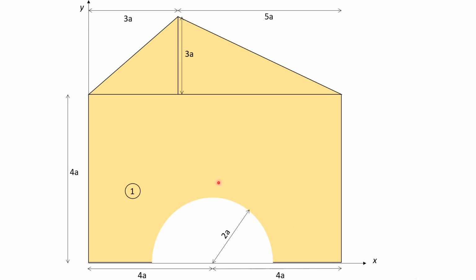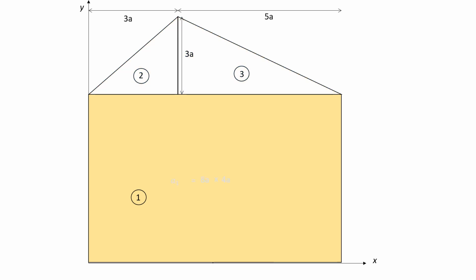Now, number the figures. See this rectangle as 1, this triangle as 2, this triangle as 3, and the semicircle as 4. Now, the area of rectangle 1 is given by this distance, 4a plus 4a, equal to 8a, into this distance 4a, and we get area 1.